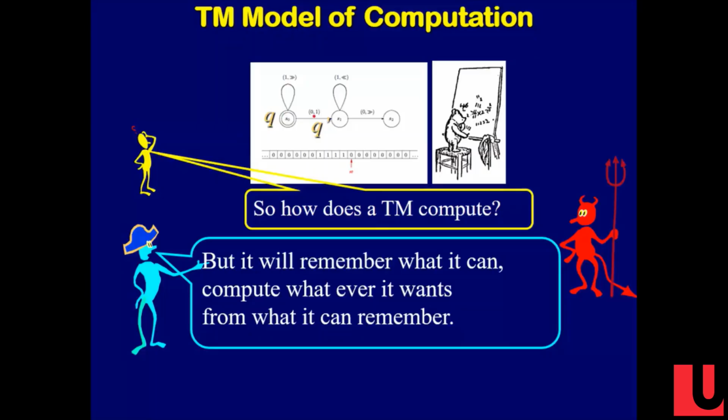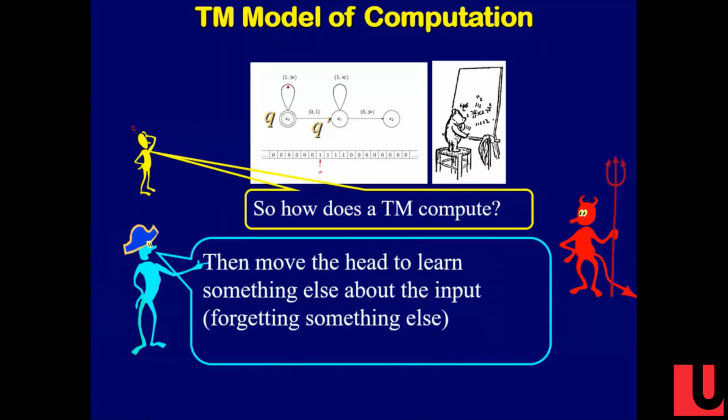But I will remember what I can on my blackboard. And once this fixed amount of it is on my blackboard, what can I compute about that? Anything. Anything in one time step you can do with table lookup. Does that make sense? I compute whatever I want from what I remember.